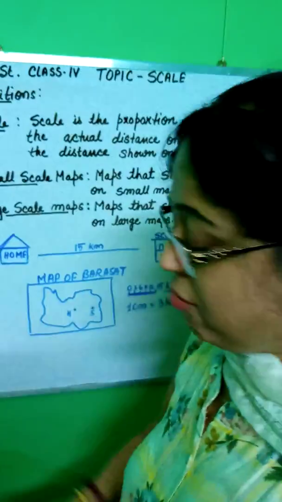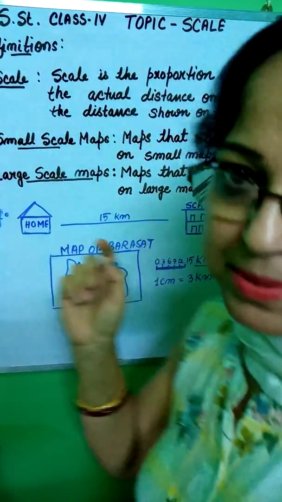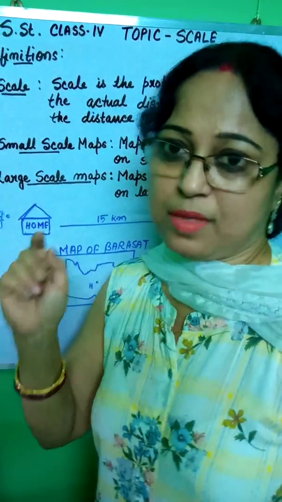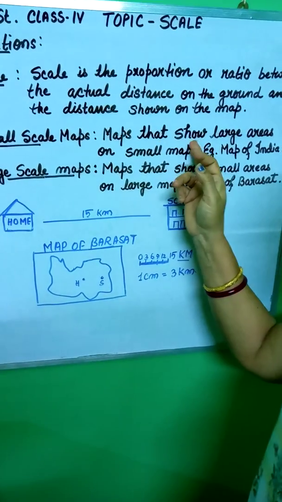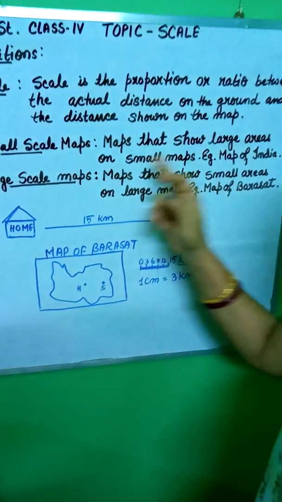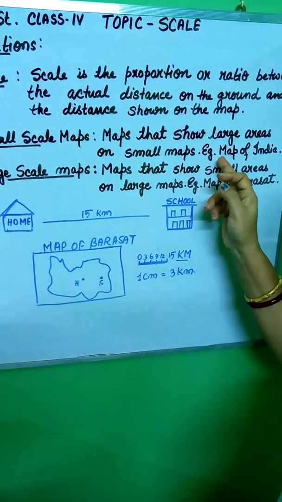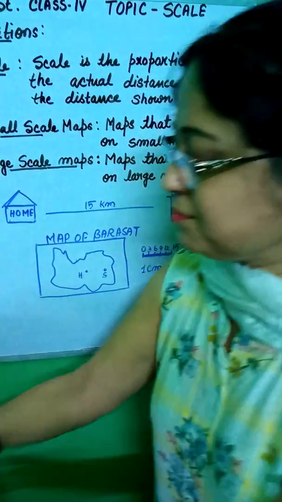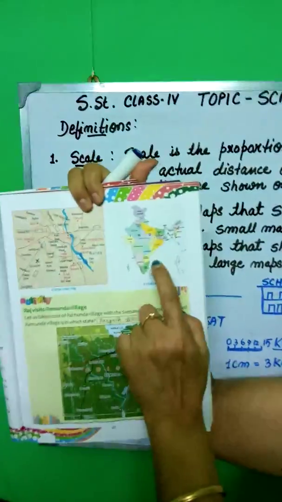Okay, the next thing is we should know what are small scale maps and what are large scale maps. Small scale maps are maps that show large areas on a small map. For example, the map of India. See this picture.